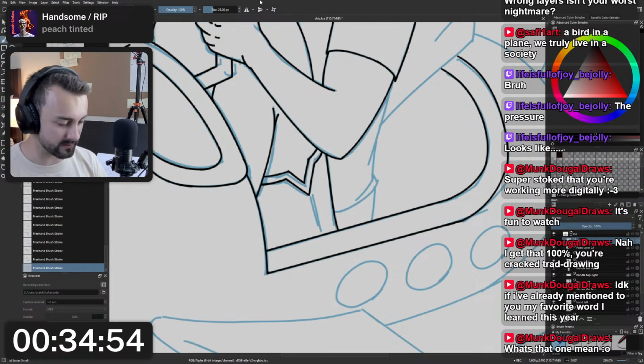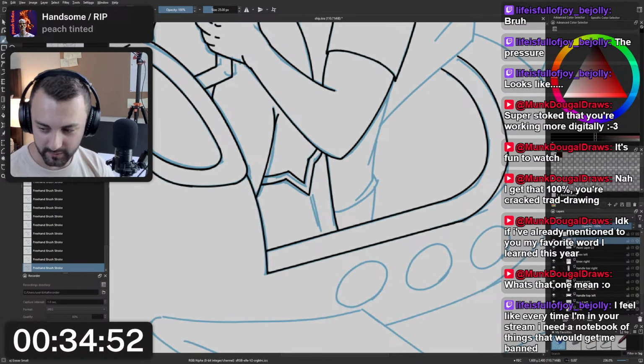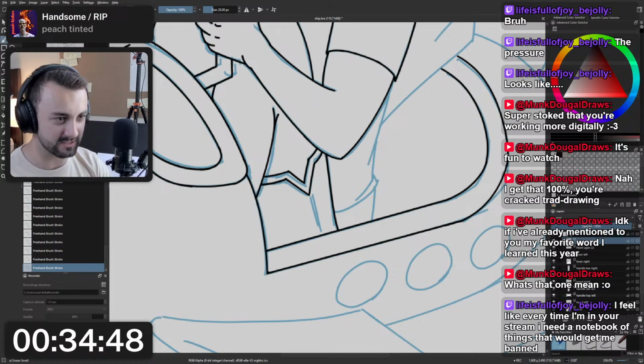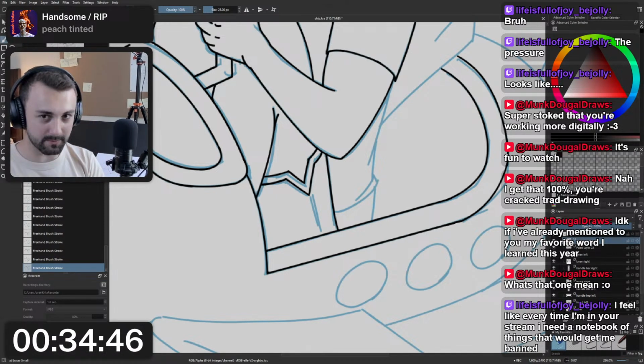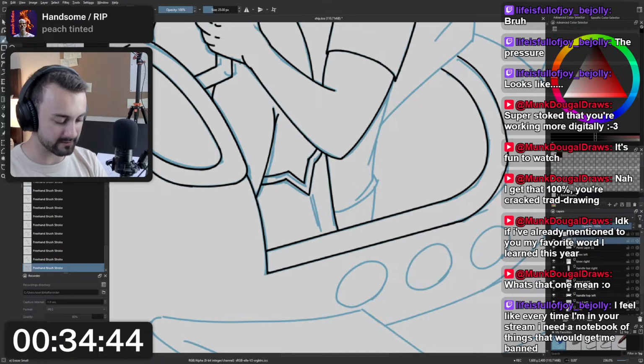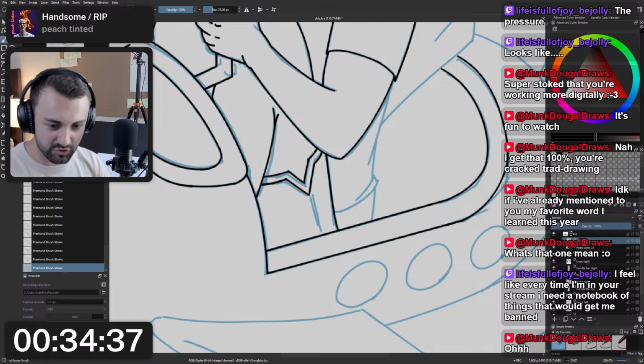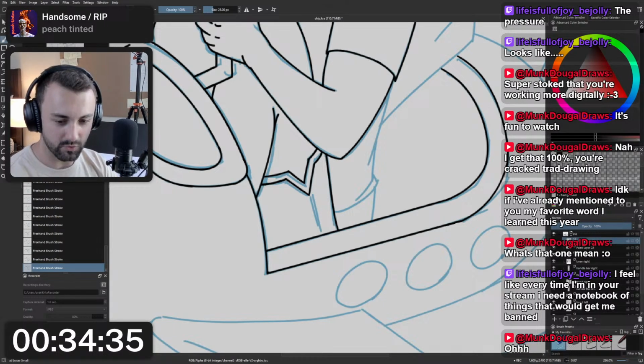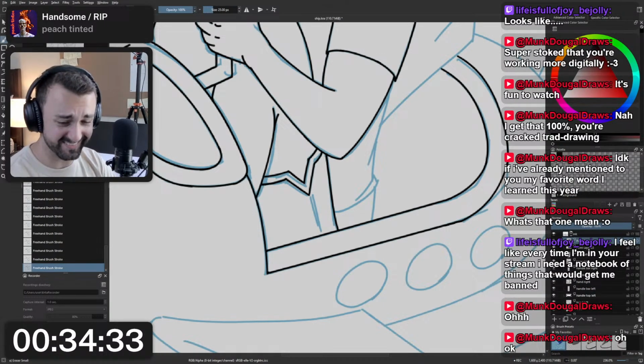Genuflect, all I know, let's look up definitions here. In the Catholic Church, you genuflect is like doing the sign of the cross, I think. Or it's to, I'm saying my definition before we read out the real one. It's like to pay homage to, I guess. Notebook of things that would get me banned.